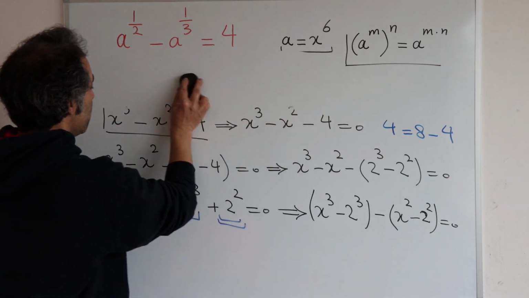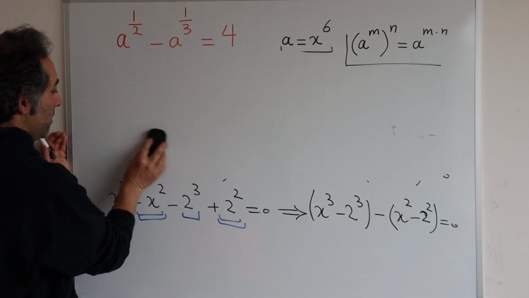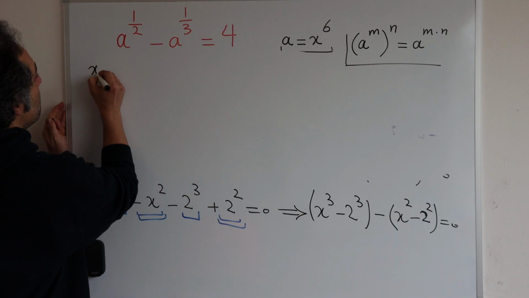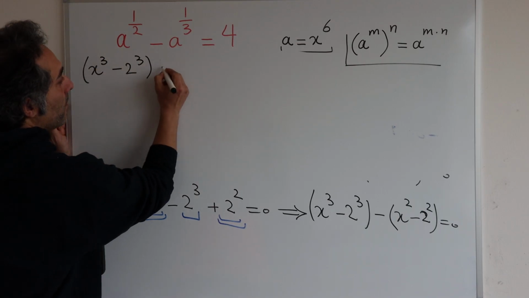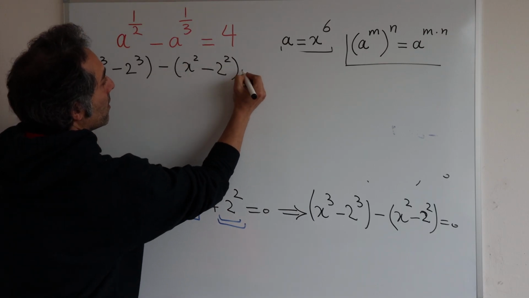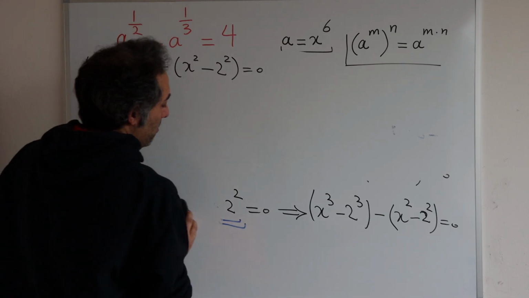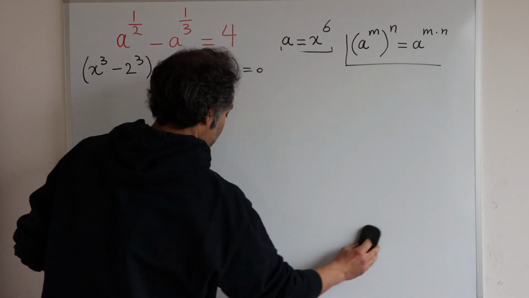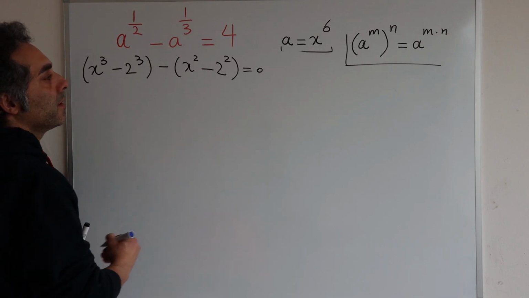I can go further with this equation and rewrite it here: x cubed minus 2 cubed minus x squared minus 2 squared equals 0. And you may remember some formulas of the identities, math identities.